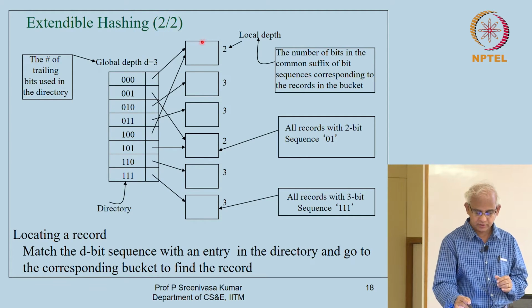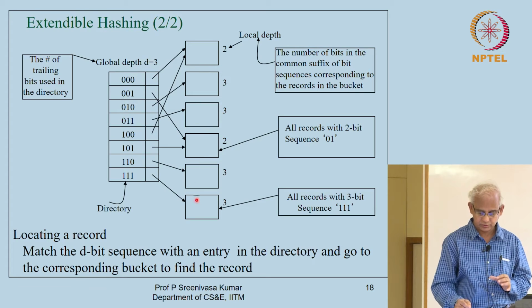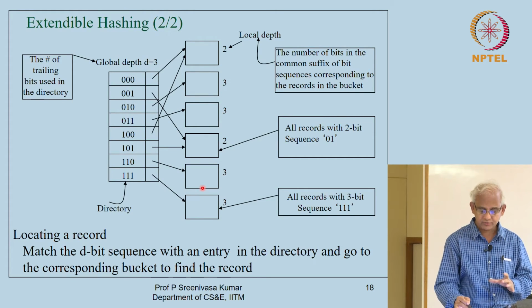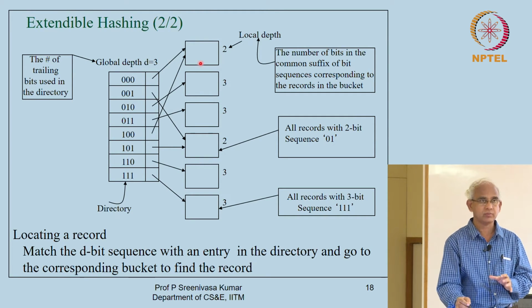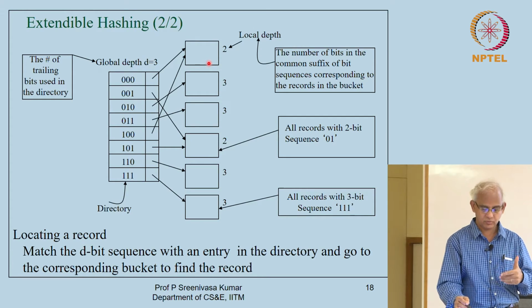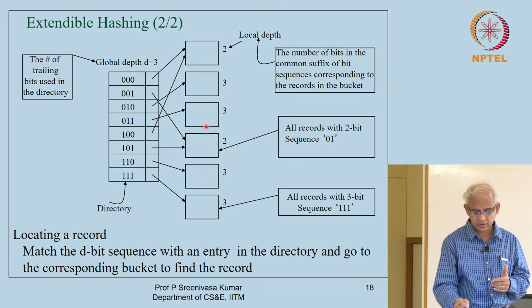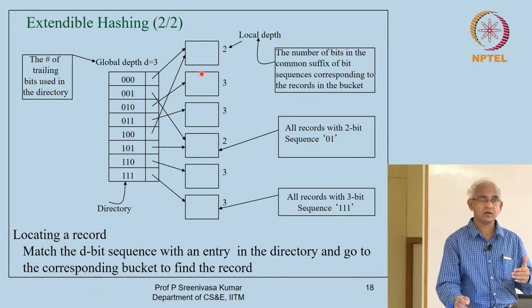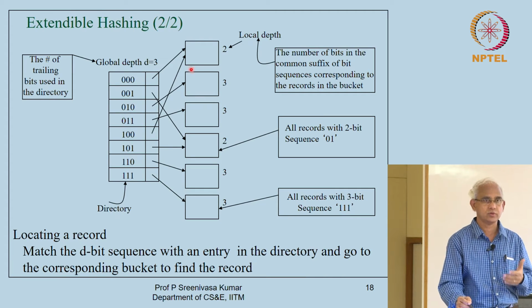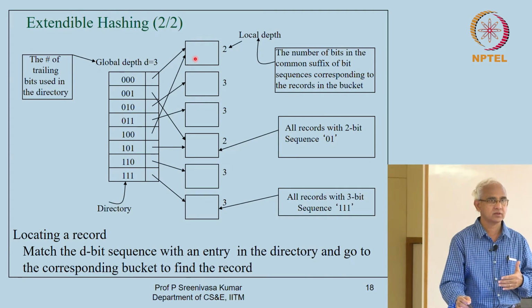What happens in this situation is that after some time it is possible that all of these buckets that had local depth 1 less than the global depth might actually get split. When such a thing happens and you again get one more request for insertion, then we do not have an option to split these current buckets.